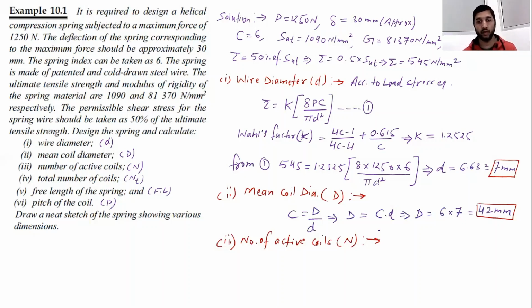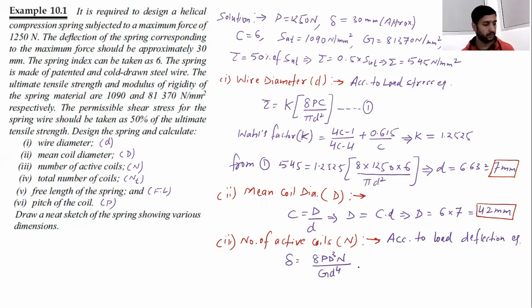So now we will use the load deflection equation here, and according to the load deflection equation, you know that delta will be equal to 8PD cube divided by Gd4.